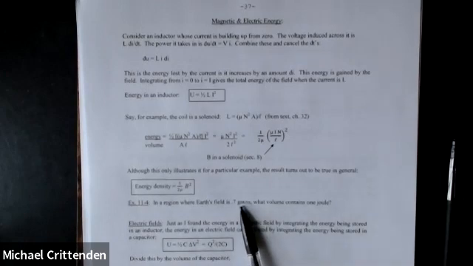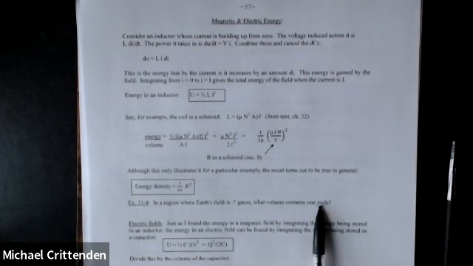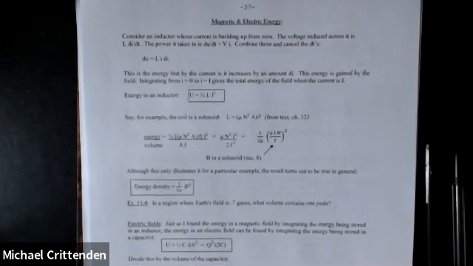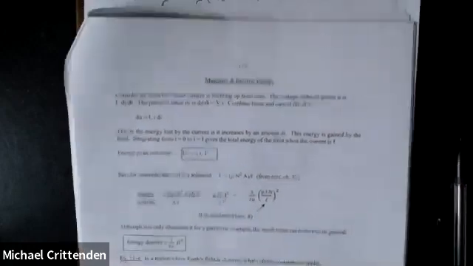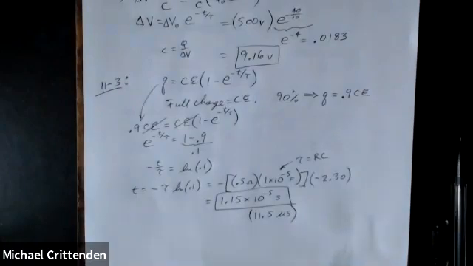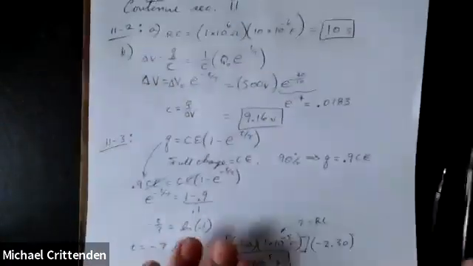So the question is, how much space do you have to be talking about for it to contain a joule of energy in its magnetic field?